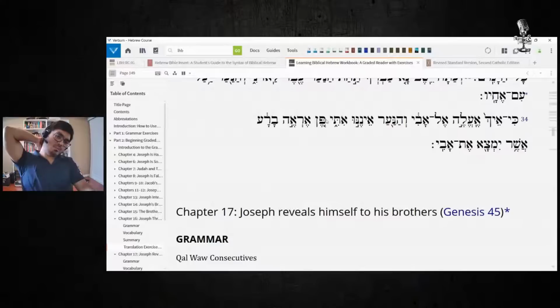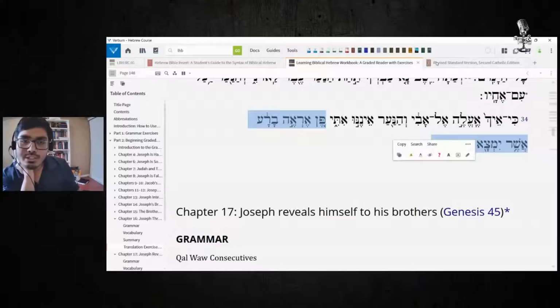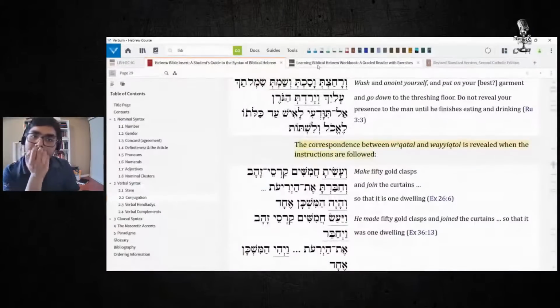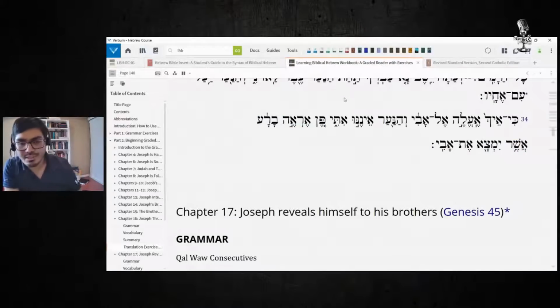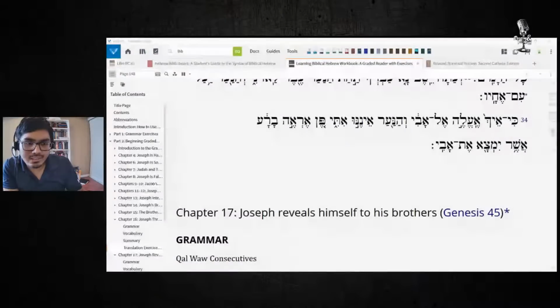Sometimes the syntax of the Hebrew can be a little bit confusing, and you may want to see how an existing translation renders it to see how it could be rendered more idiomatically. So, this is a good example of that. So, he's afraid that if he goes back to Jacob and Benjamin's not with him, this would lead his father to basically die.